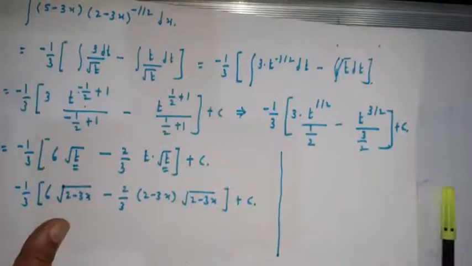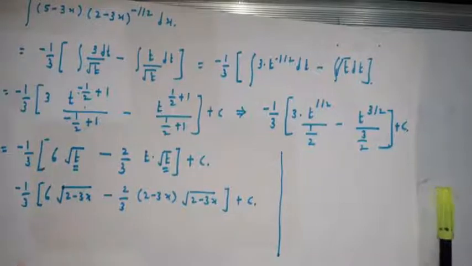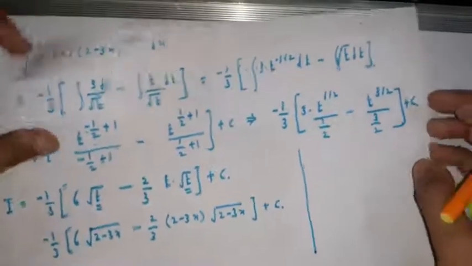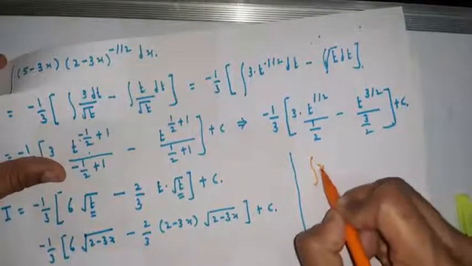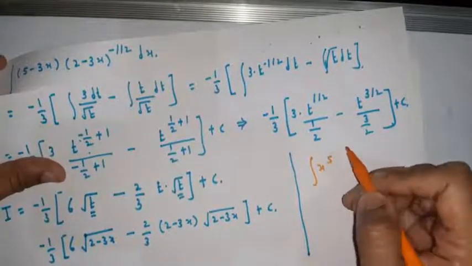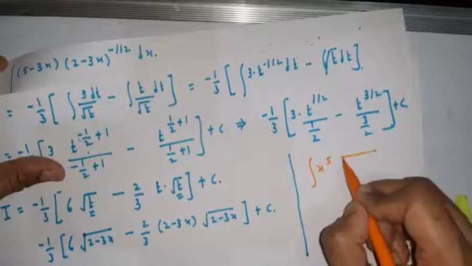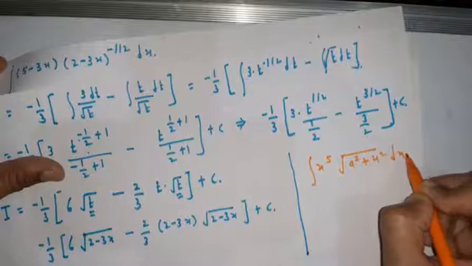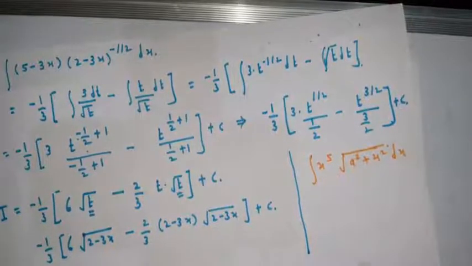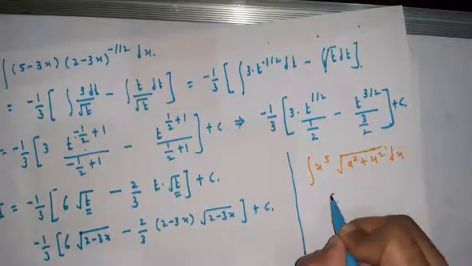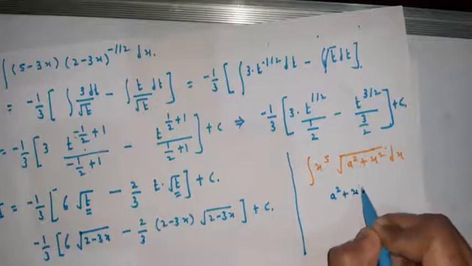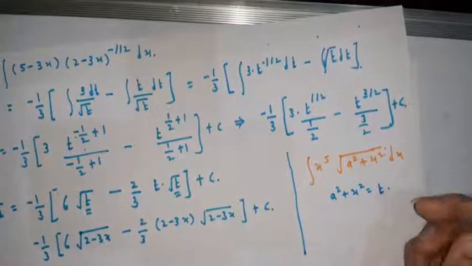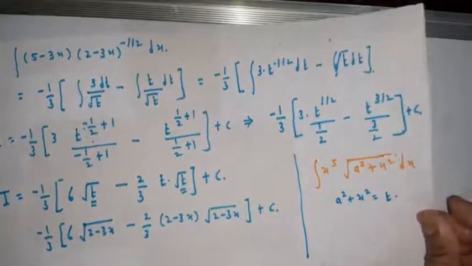The problem is that integrate x raised to 5 square root of a square plus x square with respect to x. Students, in this problem, make the substitution, that is a square plus x square equal to t. This substitution is there, and then the problem will solve very easily.